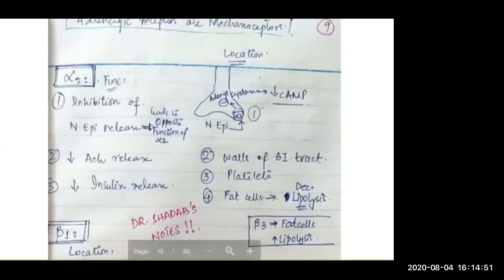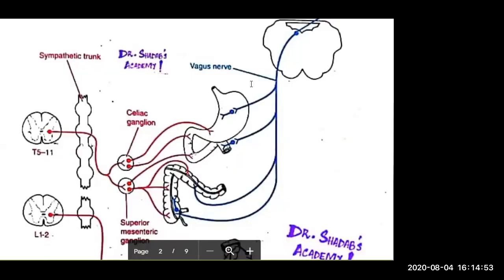Let's go back to this picture to make this concept even clearer. This vagus nerve is parasympathetic. It will release acetylcholine at the preganglionic end, and also at the postganglionic end. In both areas acetylcholine will be released, and because this is doing an inhibitory function, the receptors present are alpha 2.